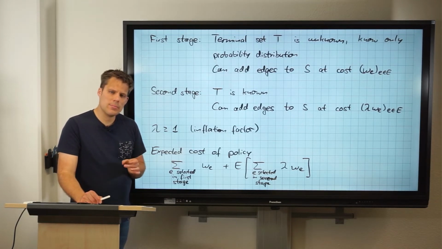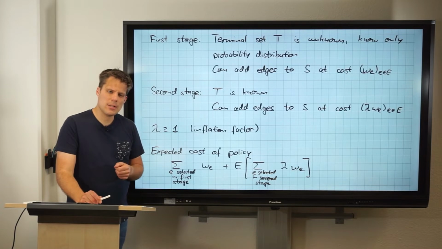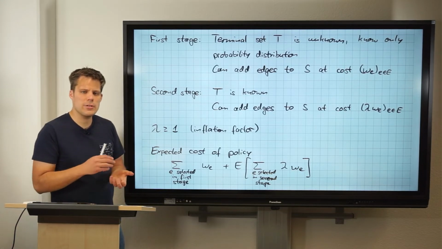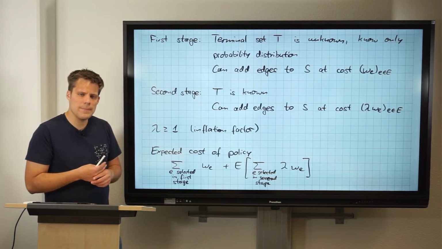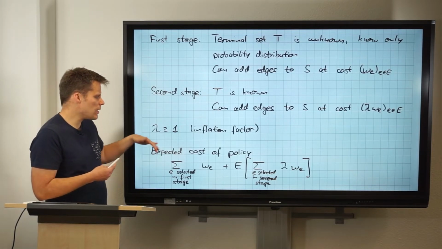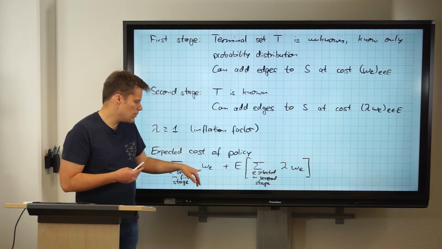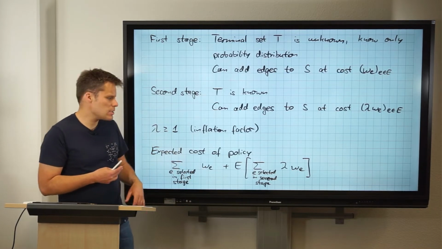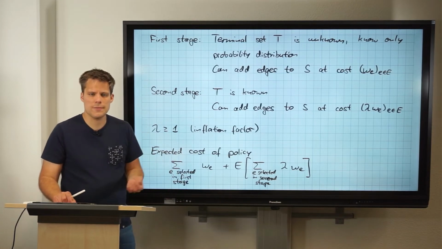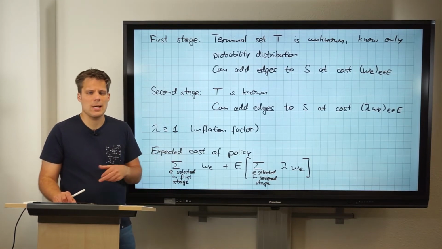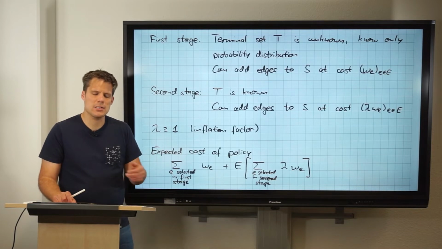In the two-stage set cover problem, the first stage costs and the second stage costs were arbitrary. Now everything that costs WE in the first stage costs lambda times WE in the second stage. So if the cost is 5 in the first stage, it will be lambda times 5 in the second stage, and so on.